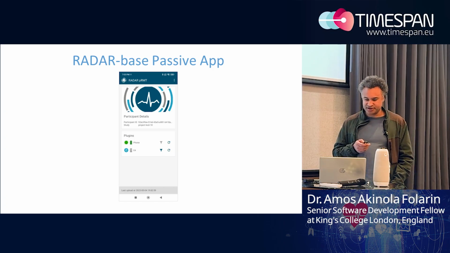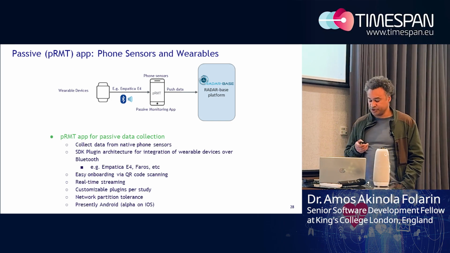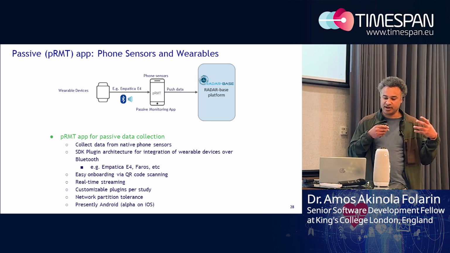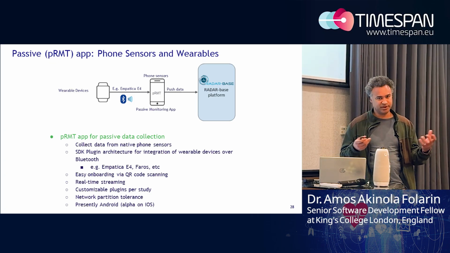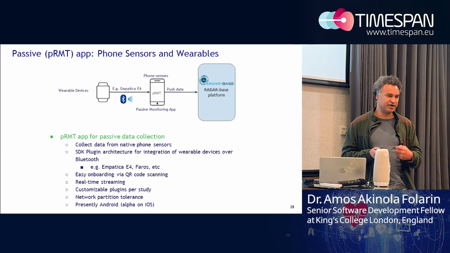The other app I mentioned is the Radarbase passive app. Here we use this for principally two main objectives. One of them is to collect data from the phone sensors. As that data is being generated by the phone, we collect it and send it to Radarbase. But it is also the means through which we do integrations of devices where we have a direct integration.